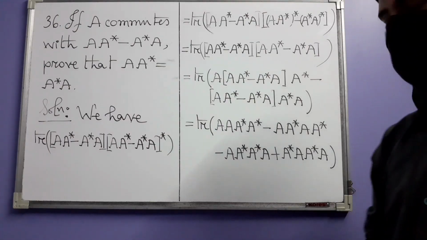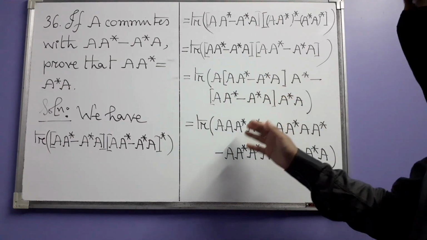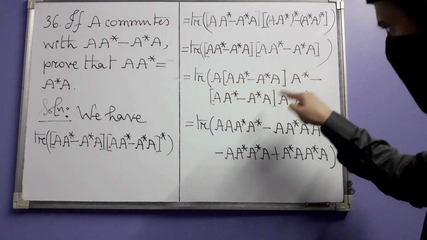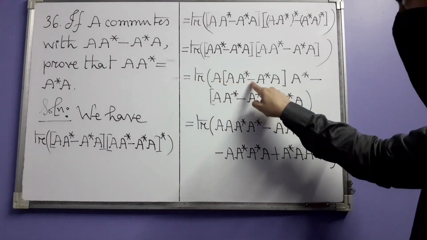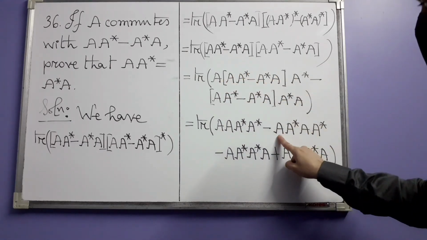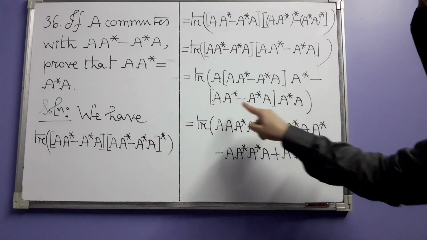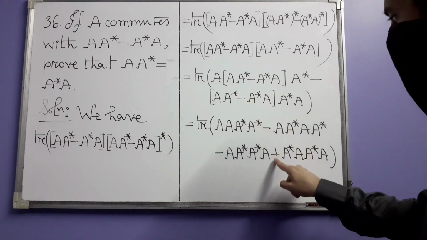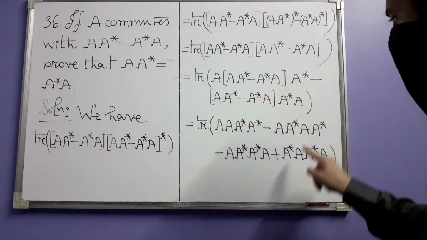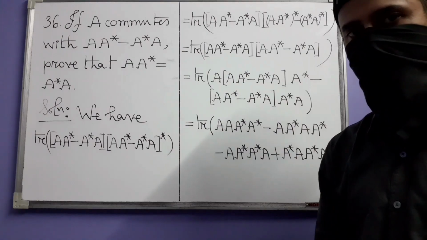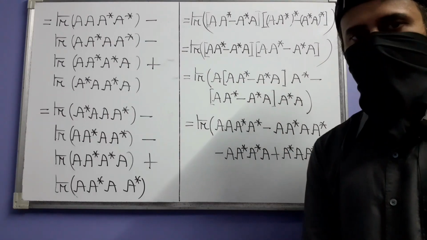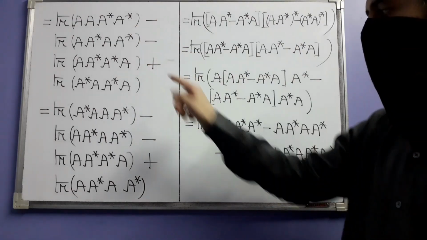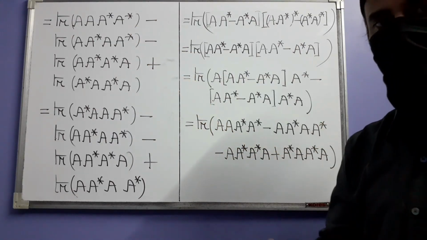And then once more, of course, there is more multiplication to be done, and this time we just do it simply the way they appear. A star A star, A star A star, minus A star A star, A star A star, minus A star A star A star A, minus minus plus A star A star A star A star A. Okay, and then the next natural step is that trace gets distributed over the matrices in this combination.